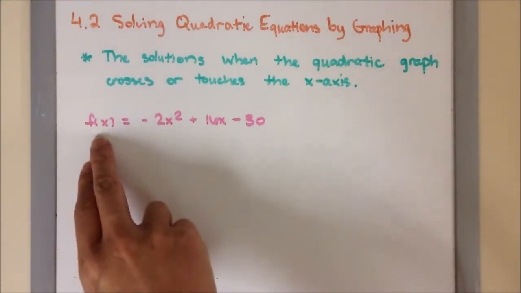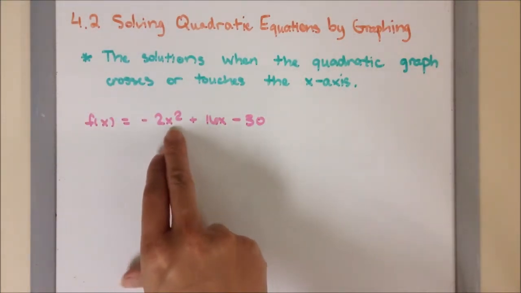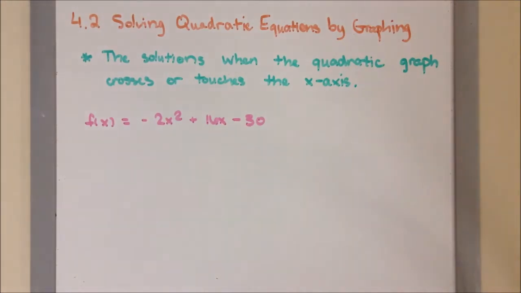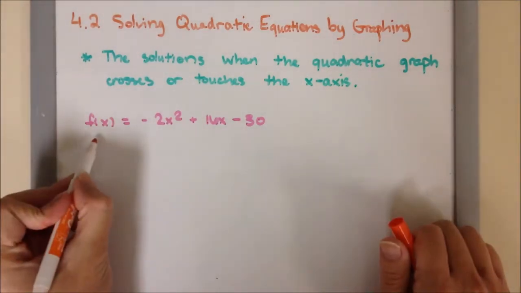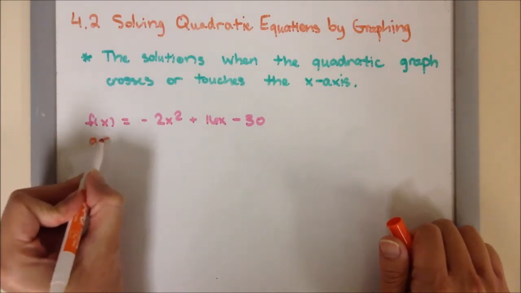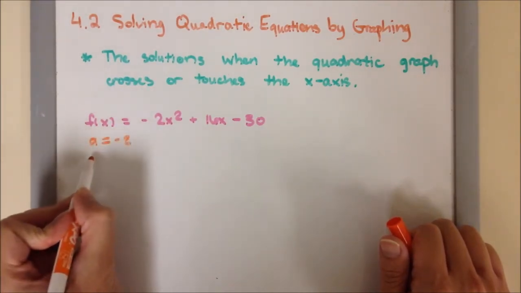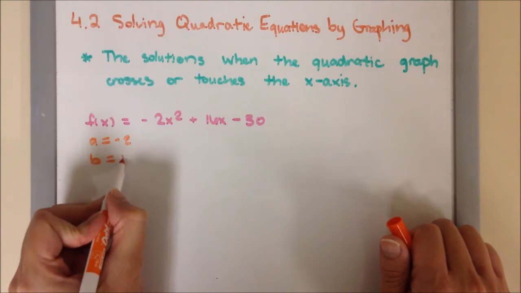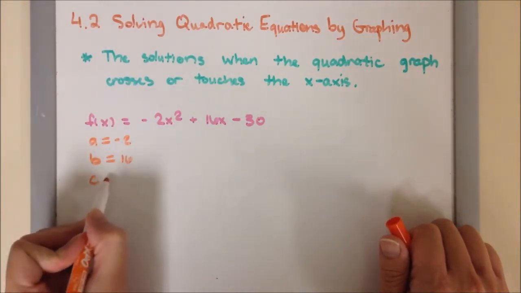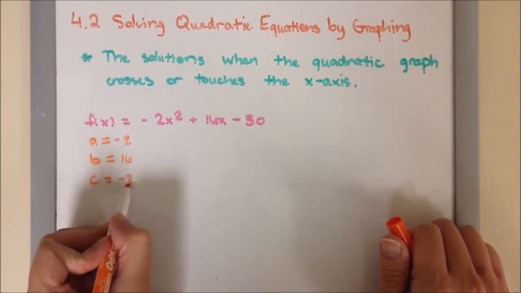Example 1, we have f of x equals negative 2x squared plus 16x minus 30. Alright, so identify our a, b, c values. So a is negative 2, b is 16, and c is negative 30.